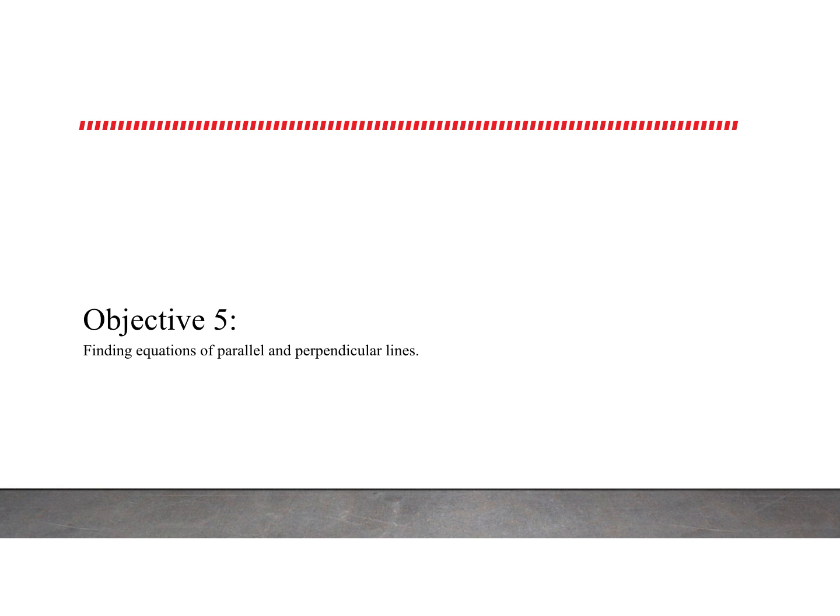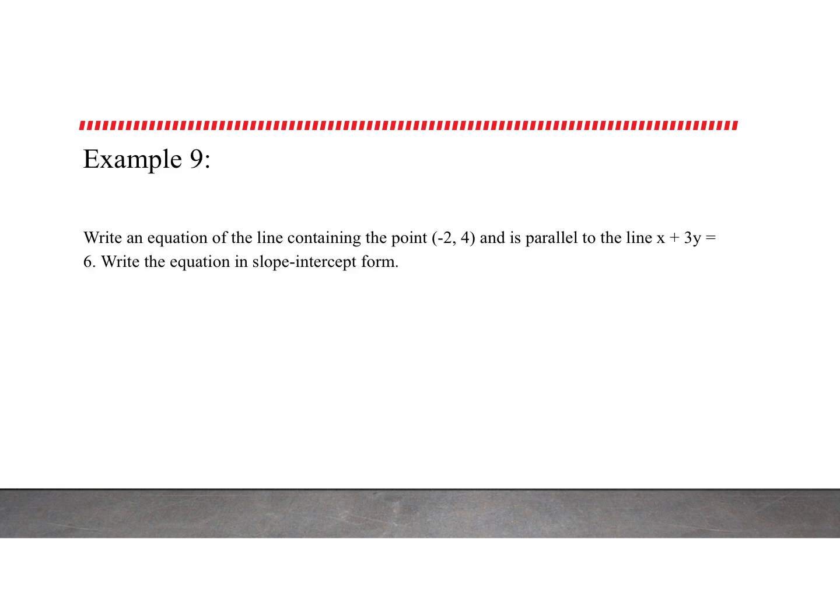Objective 5. Finding equations of parallel and perpendicular lines. Example 9. Write the equation of the line containing the point -2, 4, and it's parallel to the line x plus 3y equals 6. Write the equation in slope-intercept form.